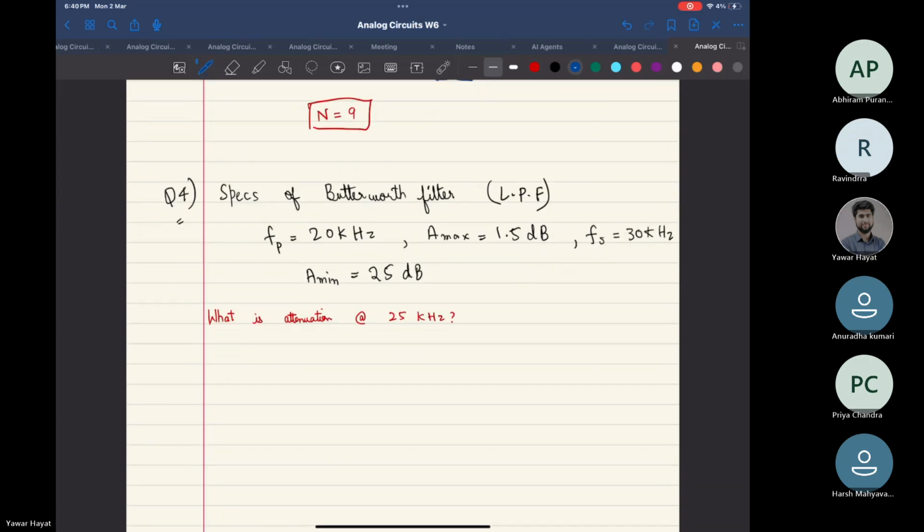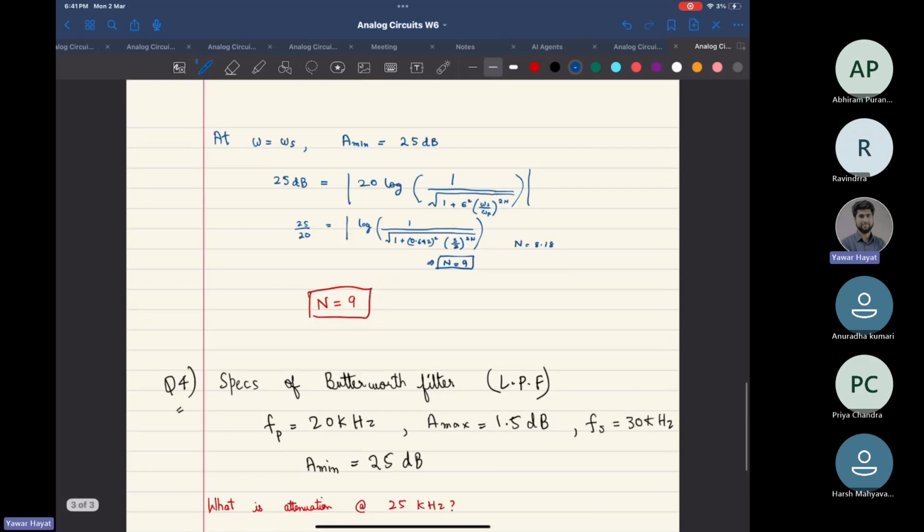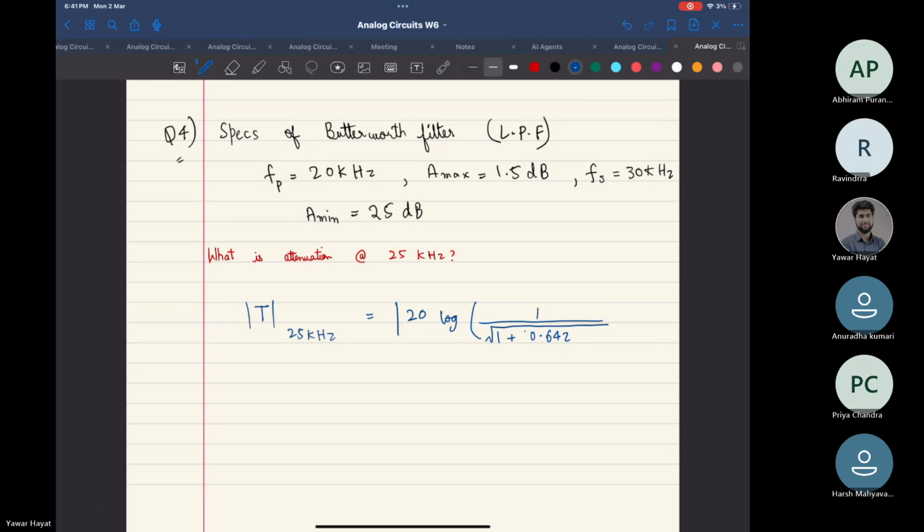So your attenuation at 25 kilohertz would be 20 log of 1 whole divided by square root of 1 plus 0.642 square, whole times 25 over 20, raised to 2n, right?